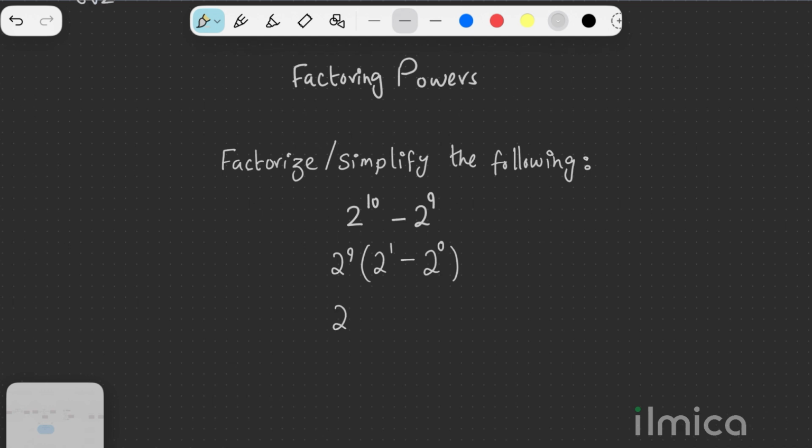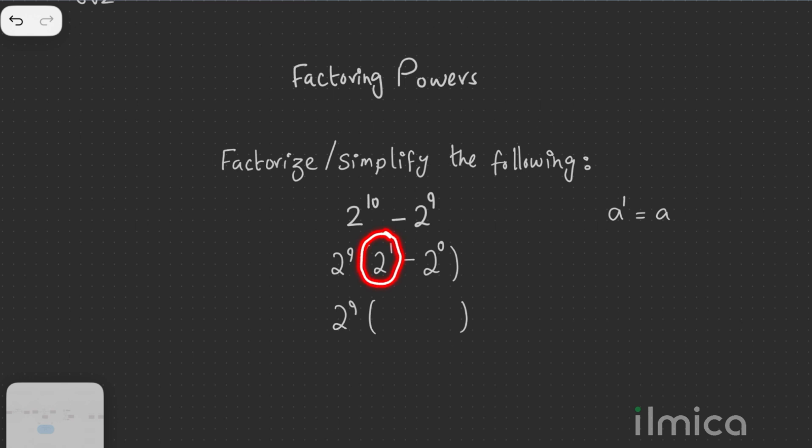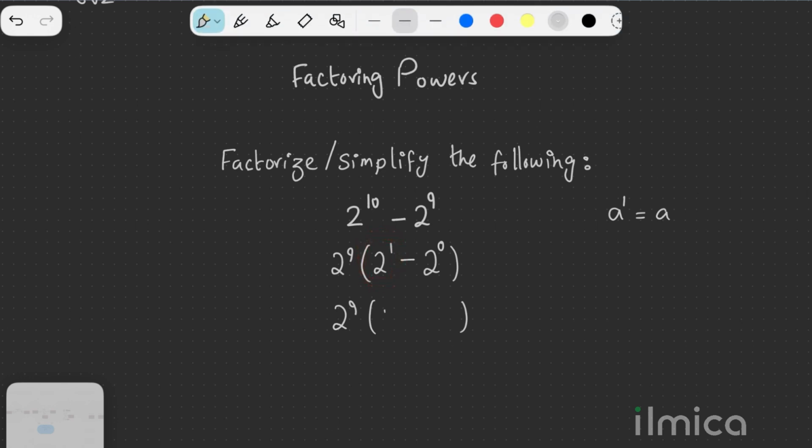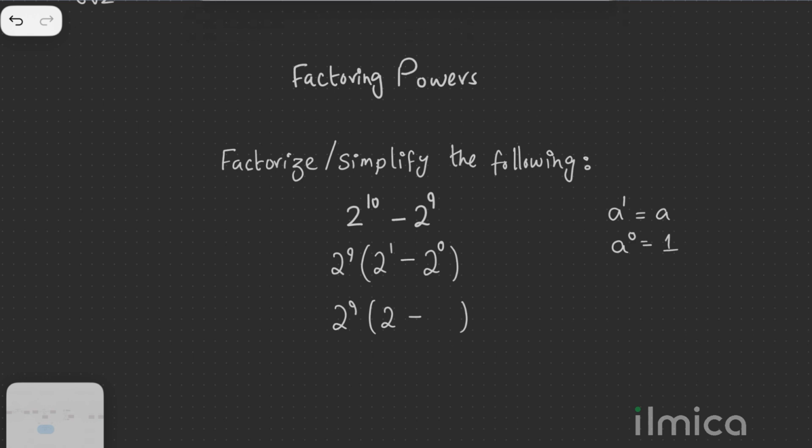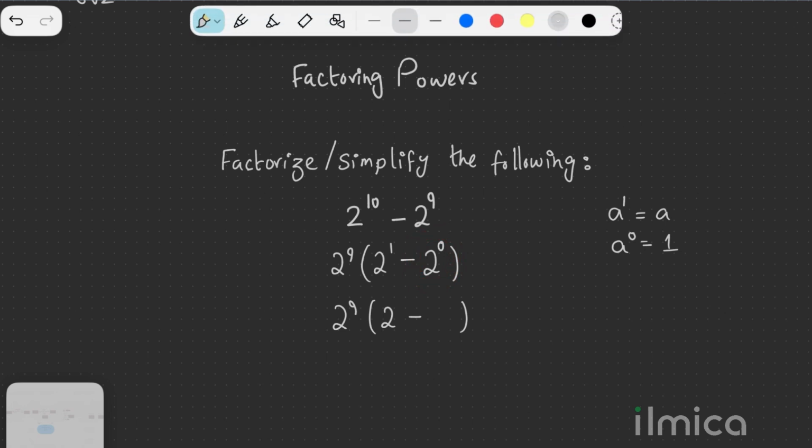Now, the next step is just simple plain simplification. Remember that any number raised to the power of 1 is just the number itself. So 2 raised to the power 1 simplifies to just 2. Second, again remember that any number raised to the power of 0 is equal to 1. So 2 raised to the power 0 is equal to 1.